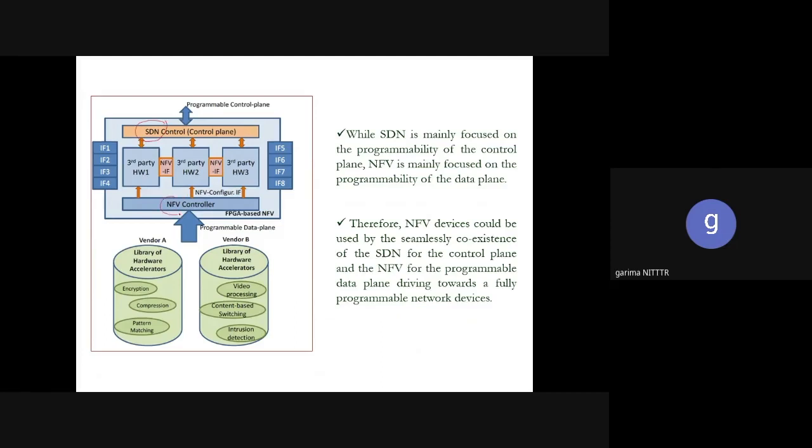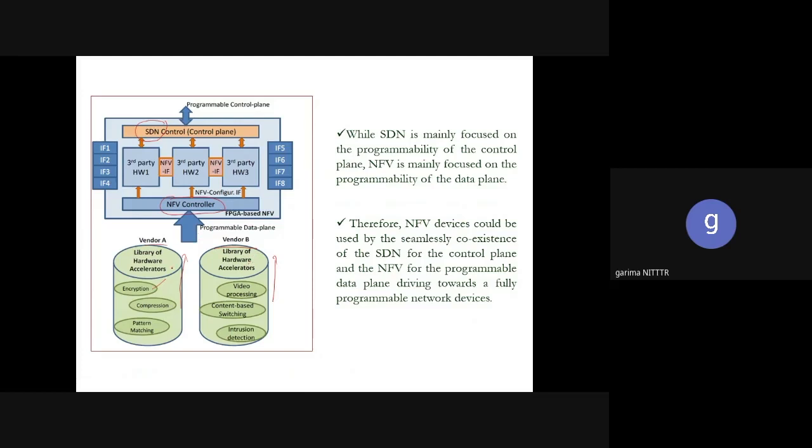It has a network function virtualization controller, and you have different libraries and accelerators from different vendors. Suppose you have encryption algorithms, compression, pattern matching, video processing, intrusion detection, and so on. Whichever part you require, you have different vendors for it, and service providers acquire from different vendors.